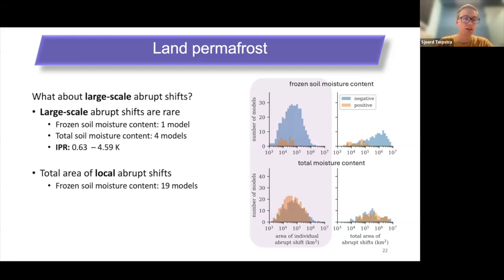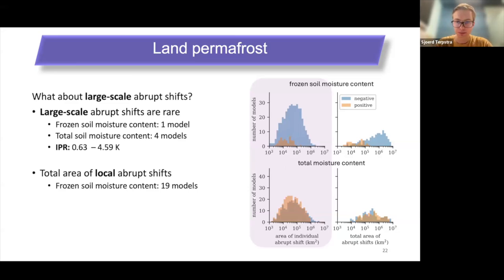What we mean here with positive is an increase in frozen soil content, and with negative we mean an abrupt decrease. So that's the disappearance of permafrost. And you can see that the negative ones outweigh the positive, but there's only one model that has more than 1 million square kilometers as a single component undergoing such a shift.